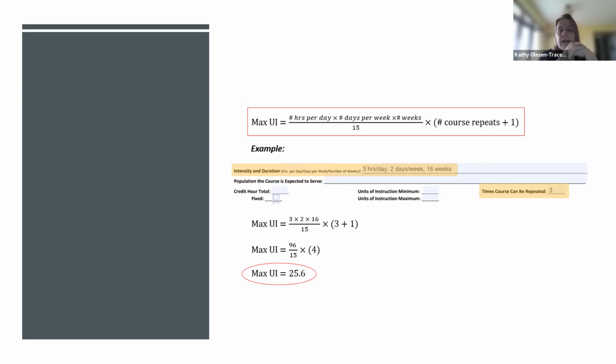And remember, this ties into repeatability. The reason you're multiplying this by 4 is because the student is only allowed to take the class 1 time with 3 repeats. So the student can only take the class 4 times. So when they hit that max units of instruction, if it's correctly entered into our system, that means that you're butting into repeatability issues and they cannot keep taking that class over and over again.